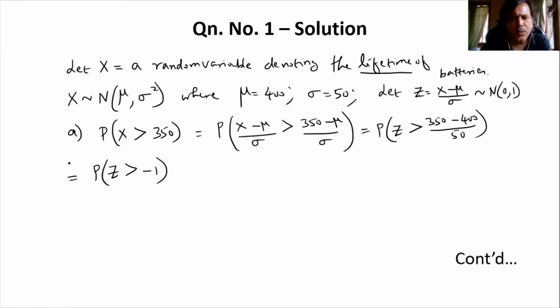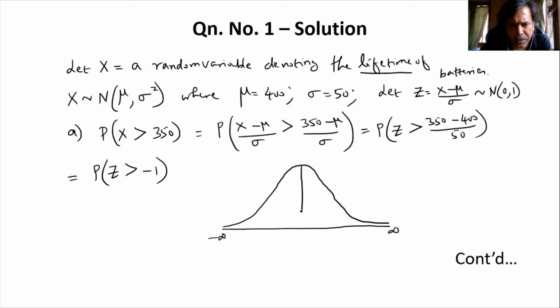Now, if I have to express this in the form of a graph, I have to draw a standard normal curve. It will be bell shaped again. This will be negative infinity and this will be positive infinity. Since it is a standard normal curve, instead of x-axis, we call this the z-axis, and the center point will become 0.